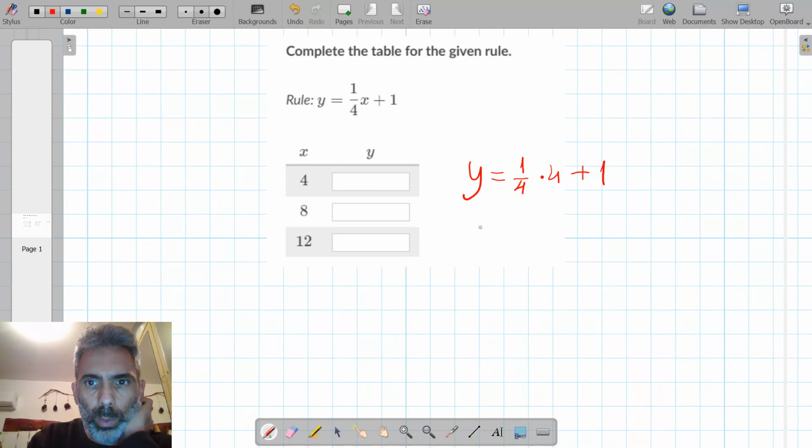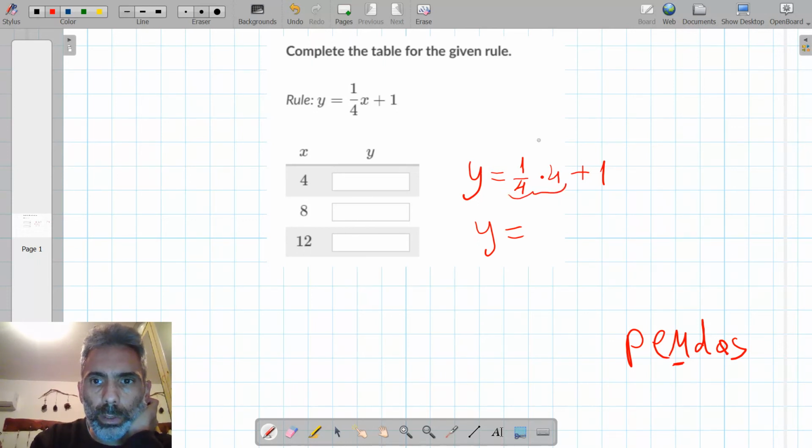According to the order of operations, we need to do the multiplication first and then the addition. So we multiply 1/4 times 4, which is 1. 1 plus 1 is 2. So the first row, y equals 2.